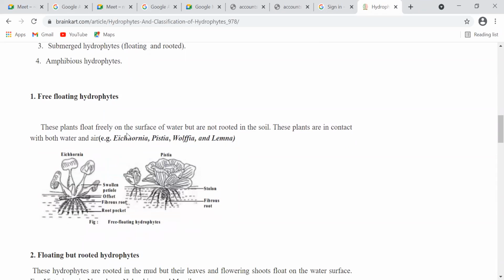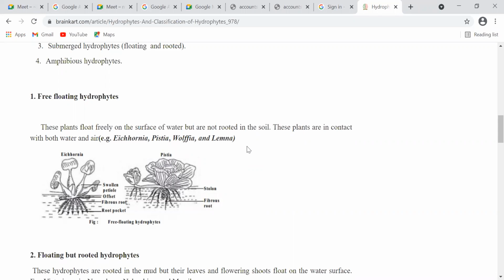These plants float freely on the surface of water, but are not rooted in the soil. These plants are in contact with both water and air. Actually you will get questions on the basis of examples only, so all the examples are very important.